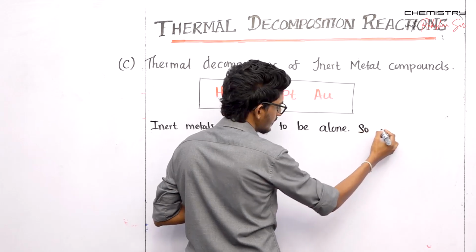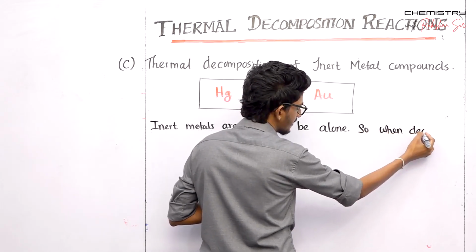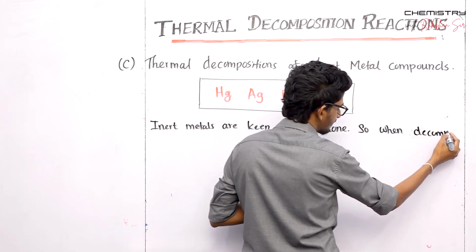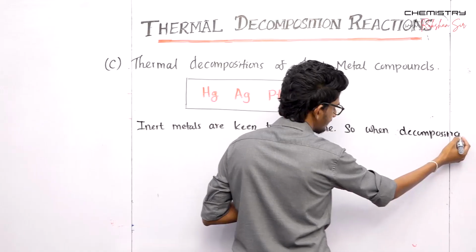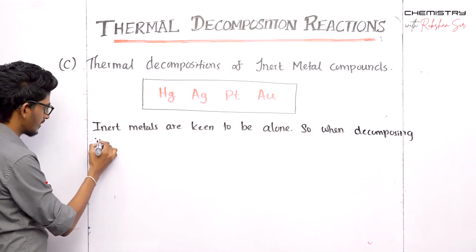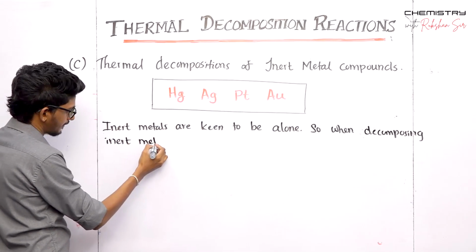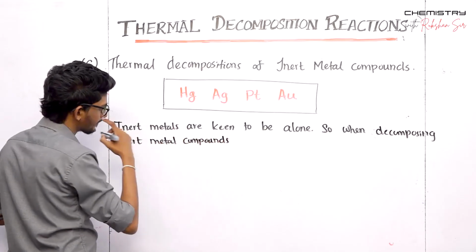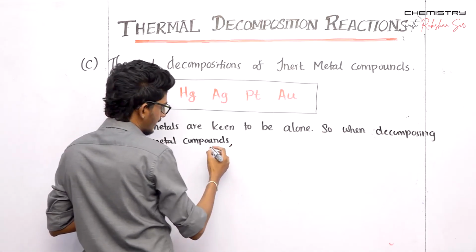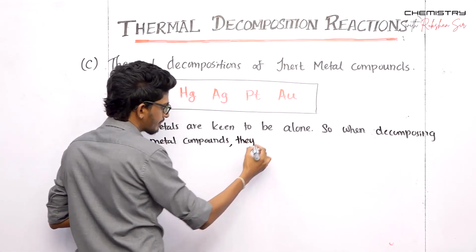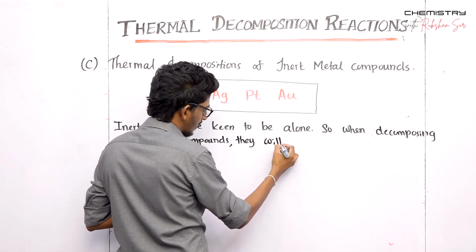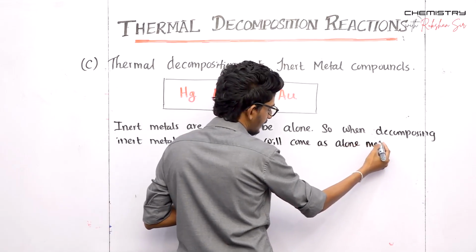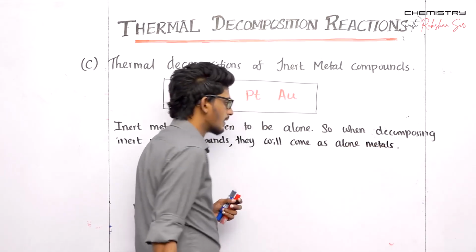So when decomposing inert metal compounds, they will come out as lone metals, right?